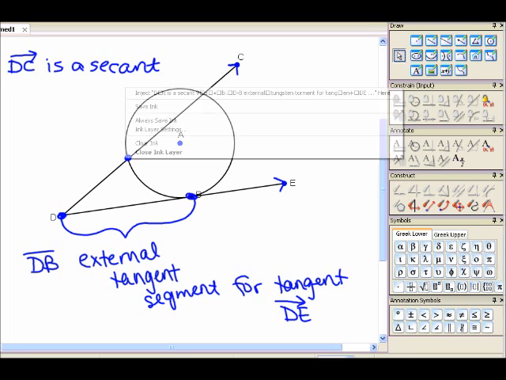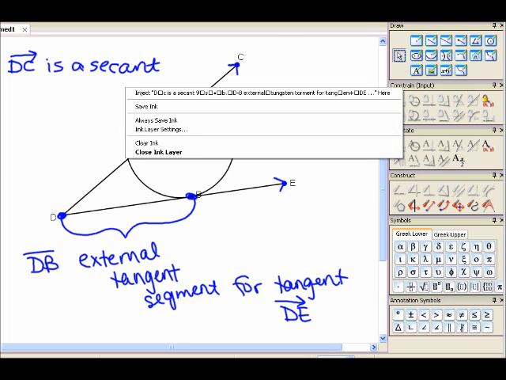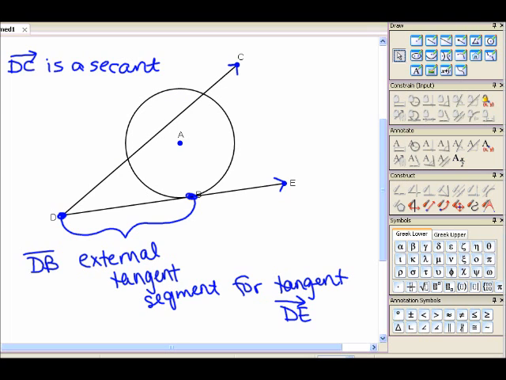If we have this point where the secant intersects the circle, let's call that point F. We can say that this segment DF is the external secant. Okay? So external tangent segment and the external secant, where segment DF is the external secant. We're going to need to know what those are for the next couple of properties.